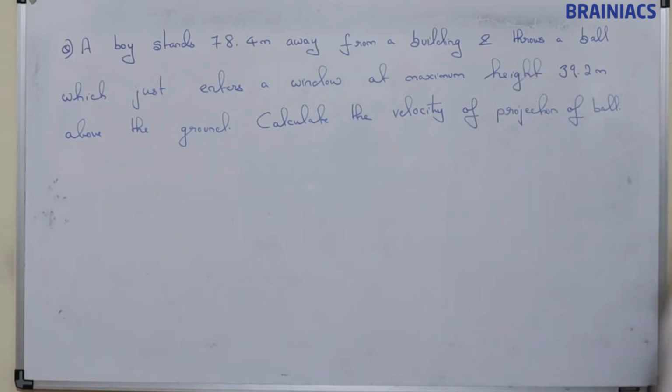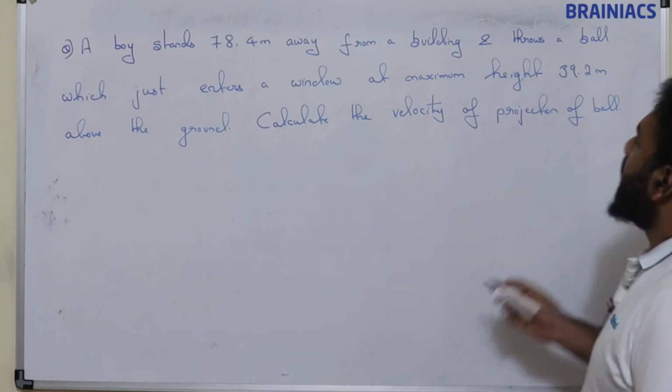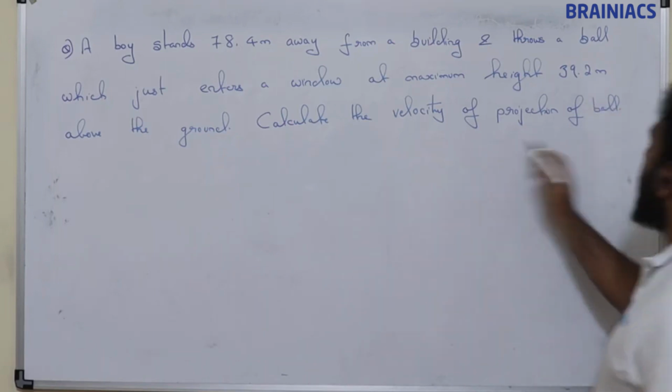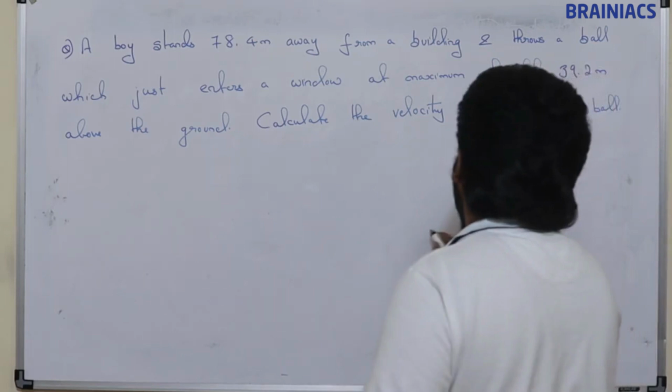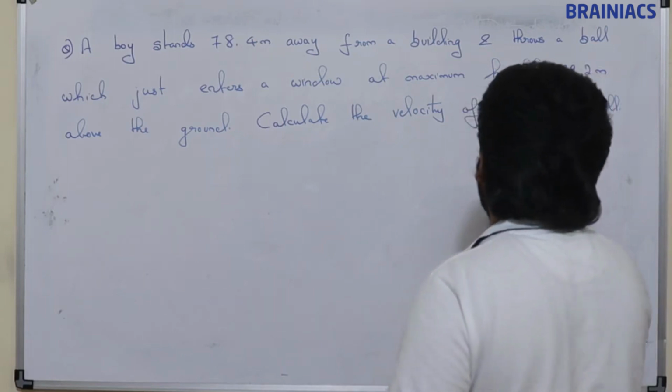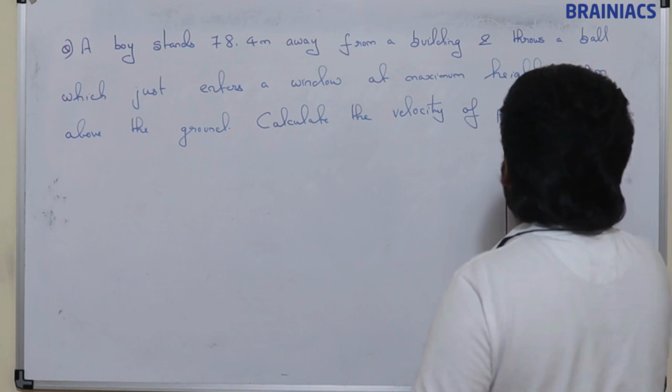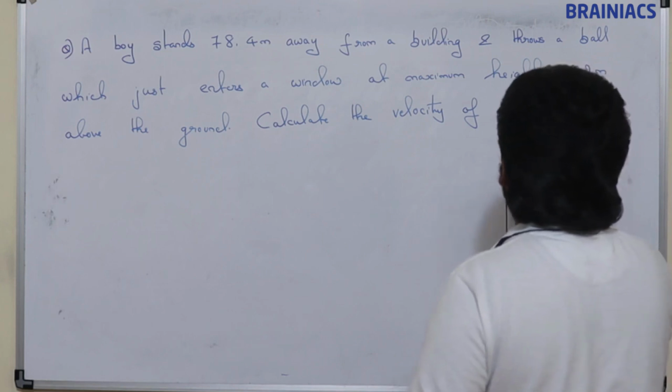A boy stands 78.4 meters away from a building and throws a board which just enters a window at a maximum height of 39.2 meters from the ground. Calculate the velocity of projection of the board. So it is just like suppose this is a building, and this is a window.